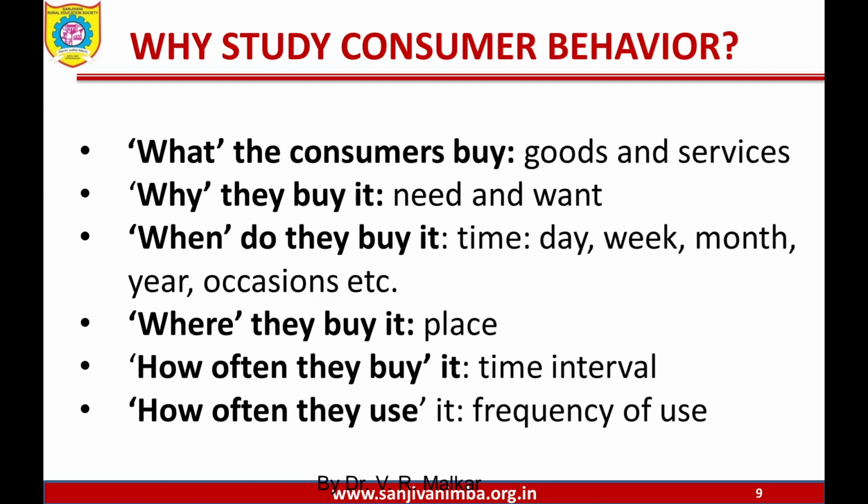So as a marketer, we should study where the consumer buys the product and even how often they buy it. Every product has a life, and fast moving consumer goods have a frequency of buying. So a marketer should know the frequency of buying of each product. If you take consumer durables like a refrigerator and washing machine, it may take 5 to 10 years to buy another product.